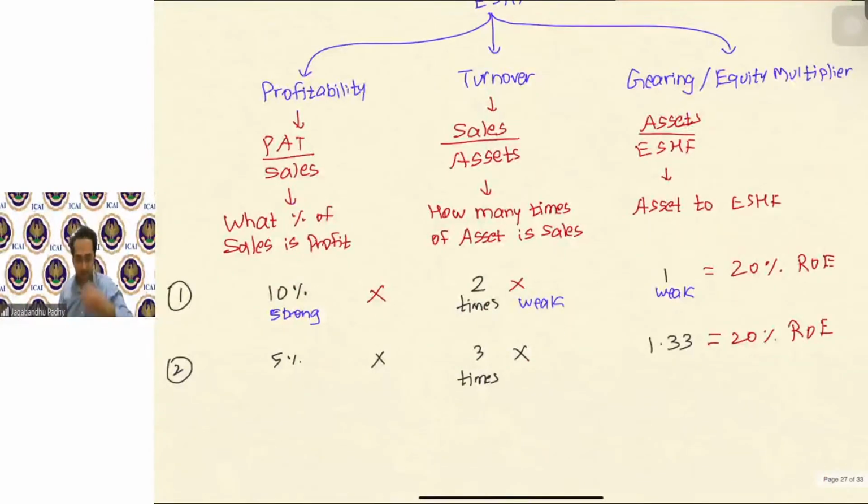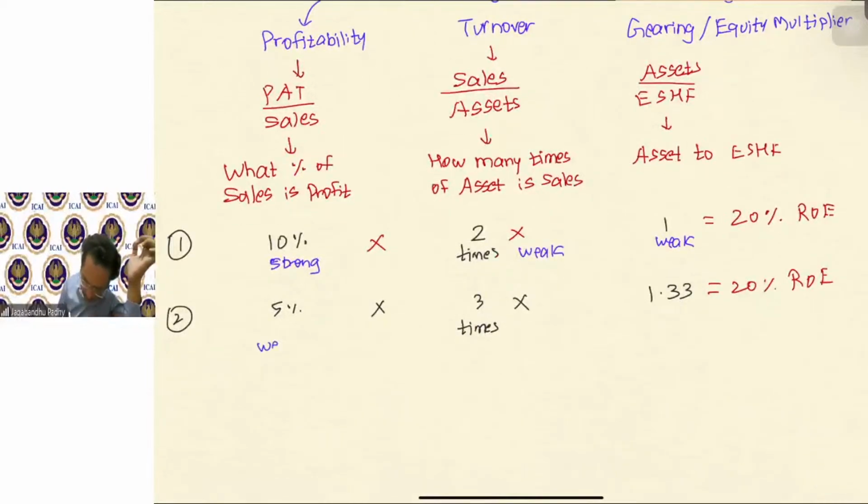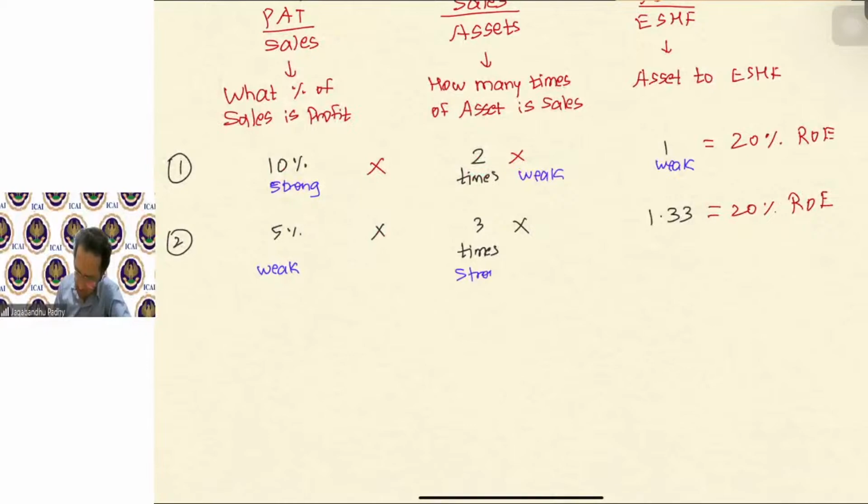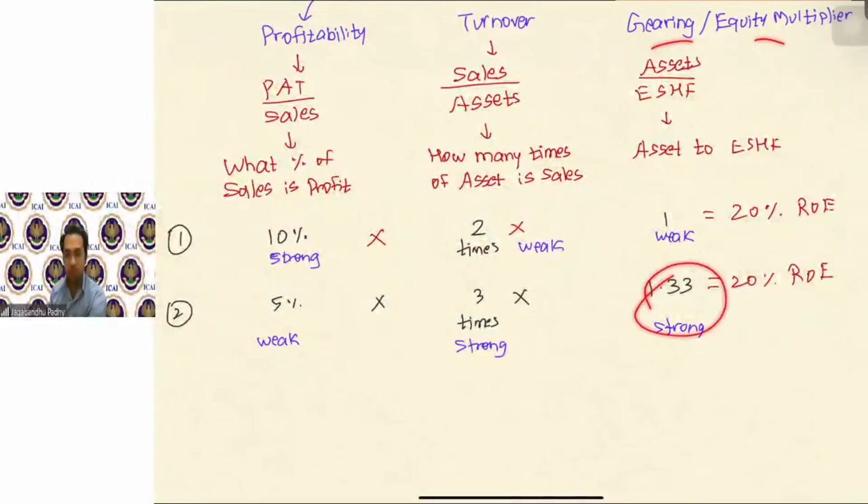Whereas the second company is weak in its margin, but it is able to maximize the return for its shareholders by keeping lesser assets and having a higher turnover, which is three times of the assets.